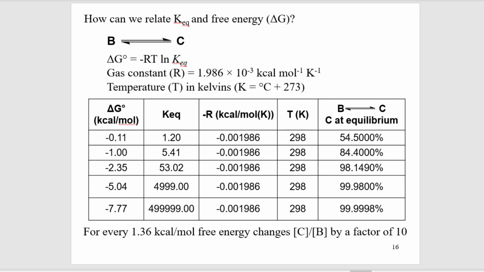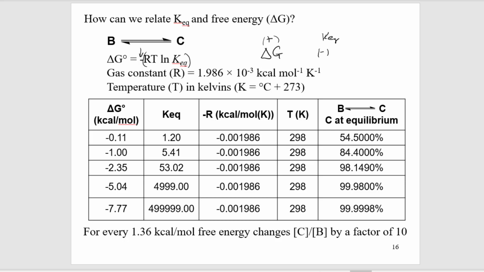I'm just reminding you that there is a relationship between KEQ and delta G. And it's a negative relationship, meaning this whole number here becomes negative. So if delta G is positive, then KEQ would be negative.